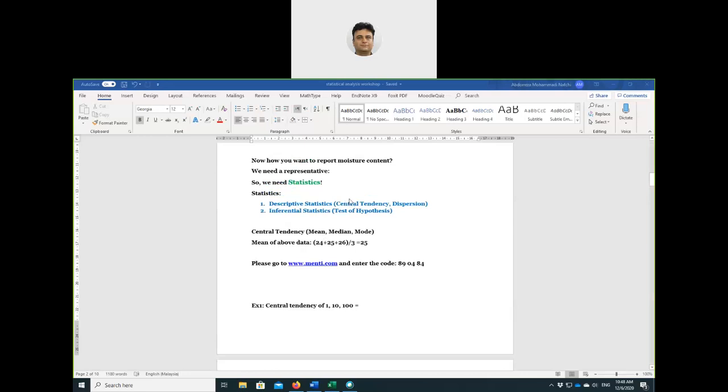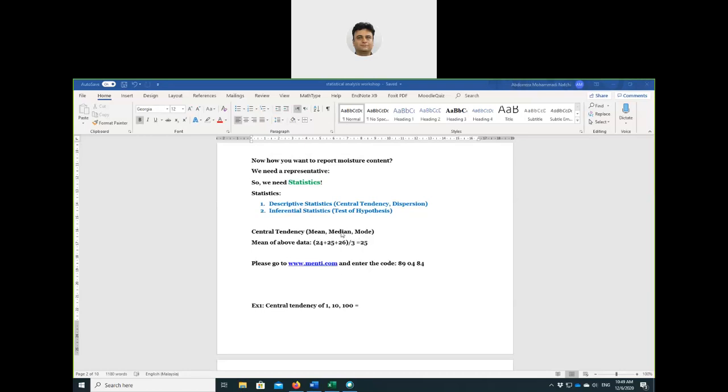In central tendency, we have mean, median, and mode. Mostly we are going to use the mean, different means: arithmetic mean, geometric, or harmonic mean. And recently in sensory analysis, it's common to report the mode instead of the mean.